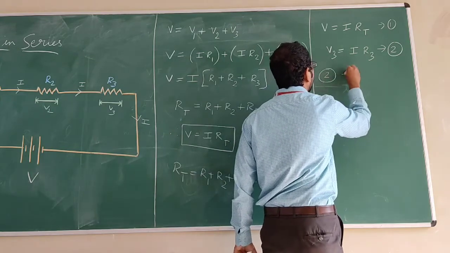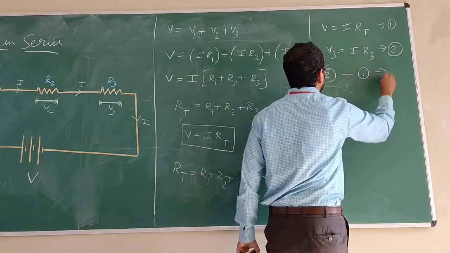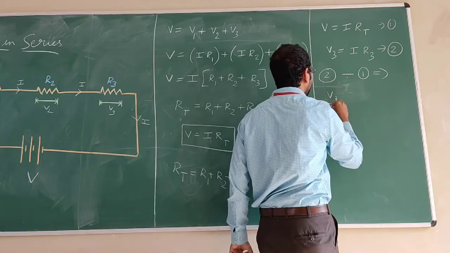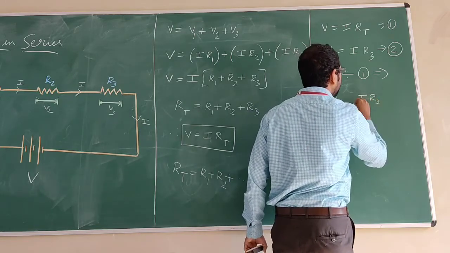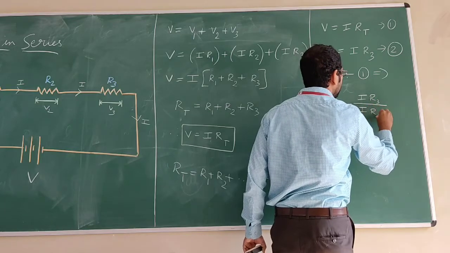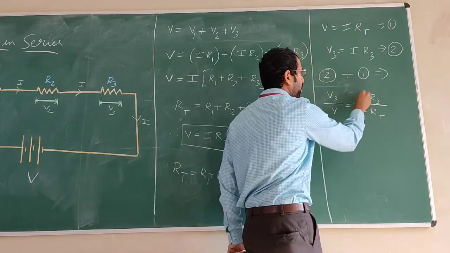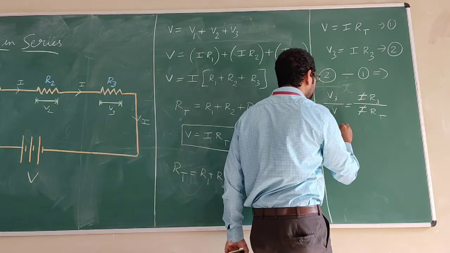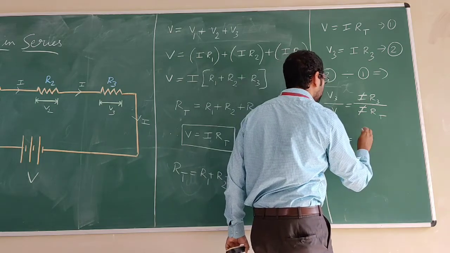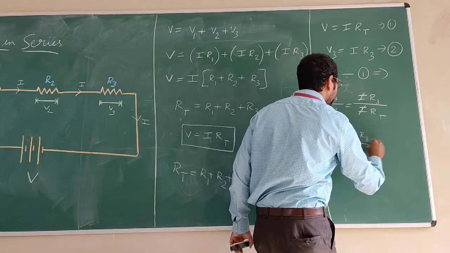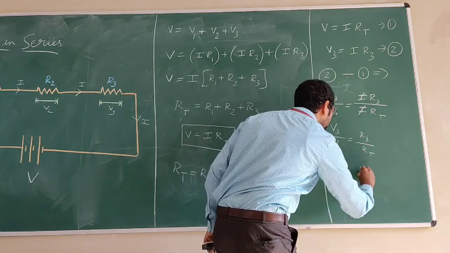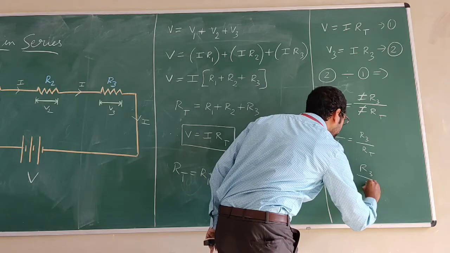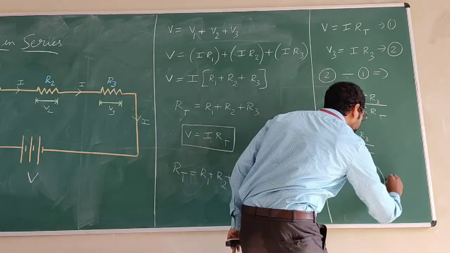That gives V3 by V is equal to I R3 divided by I RT. I and I are the same, so cancel it. So V3 by V is equal to R3 by RT, which can also be written as V3 is equal to R3 by RT into V.